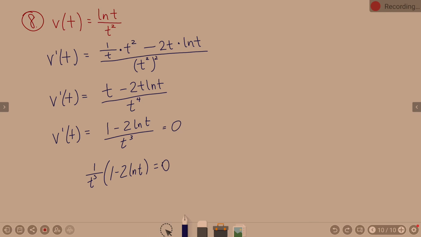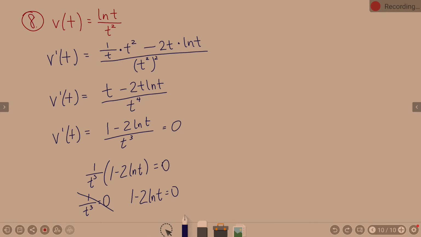What part of a fraction equals 0 if the fraction equals 0? The numerator, yes? And so you'll notice, whether you look at this form where I have t cubed in the denominator, I only need to look at the numerator. If I look at this, it would be setting both parts equal to 0, but when we looked at that earlier, 1 divided by something will never equal 0. Okay, that's not going to happen.